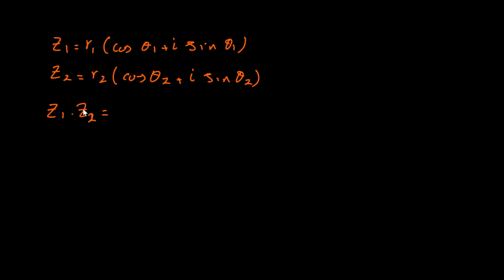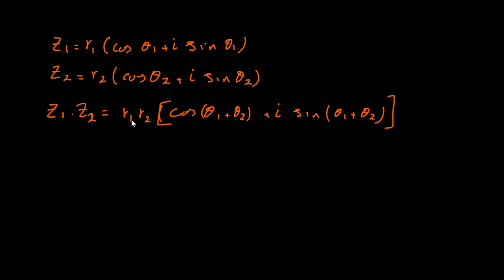Basically we have to multiply these two by each other. The result is going to be R1 R2 cosine of theta 1 plus theta 2, plus i sine of theta 1 plus theta 2. And that's the multiplication. So when we do the multiplication, the r's are multiplied by each other and the angles get added.